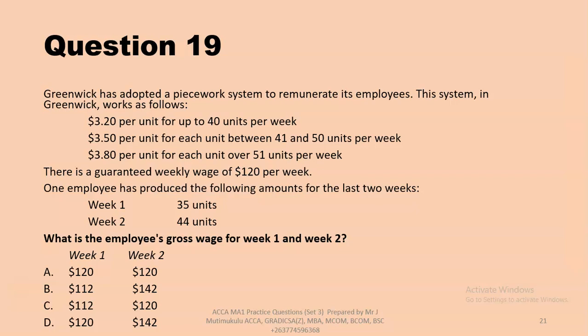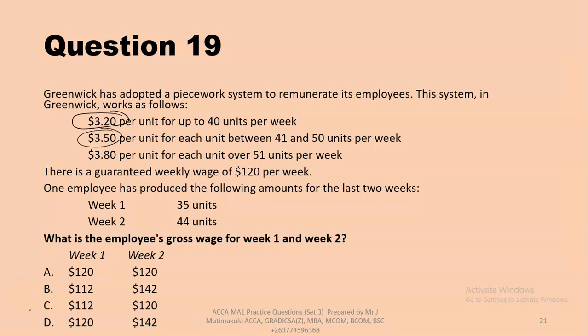I want you to understand something here. If you produce up to 40 units, you're going to be paid $3.20. But if you produce more than 40 units per week, up to 50 units, you are going to be paid $3.50 on those extra units, those above 40.